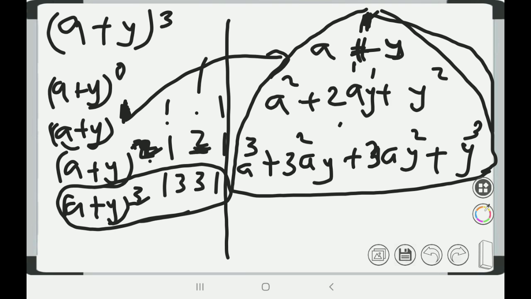So it should be a squared plus 2ay plus y squared. Or a shortcut whereby we say the first one should be a squared, the last should be y squared, and then the number in the middle is the sum of the two terms. You double ay, which is raised to 1, which is the same as the third one.